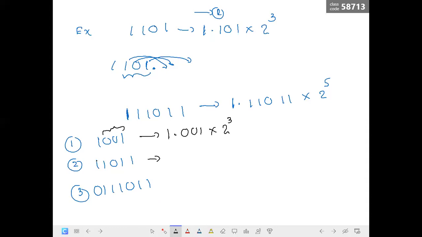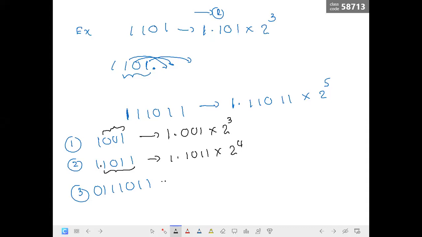In here, we have to write it like this. That means we have to move these 4 digits towards the right side, then 1.1011 times 2 to power 4. As we move 4 digits, the exponent is 4.